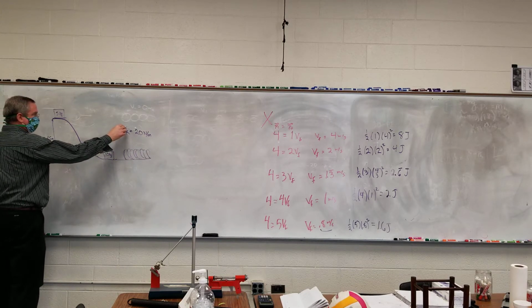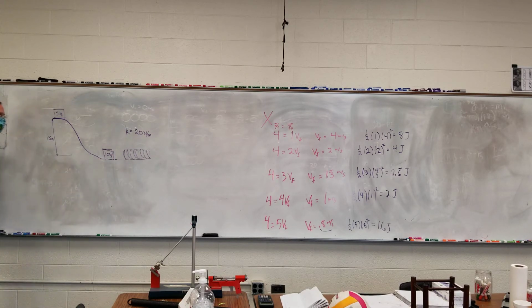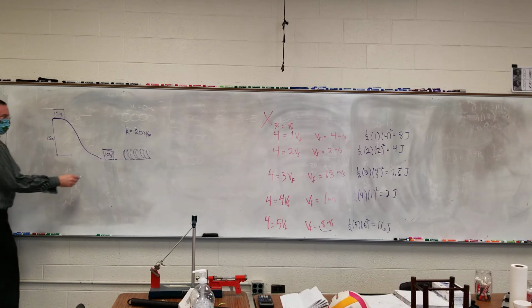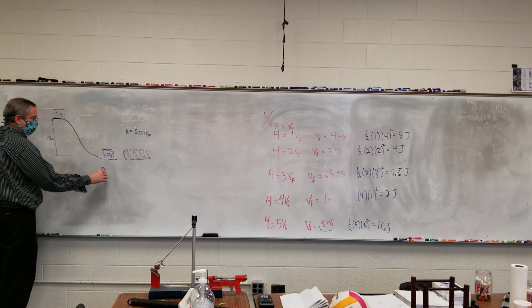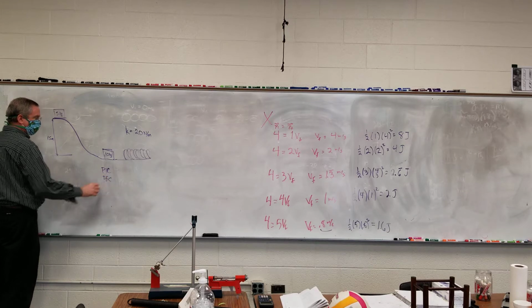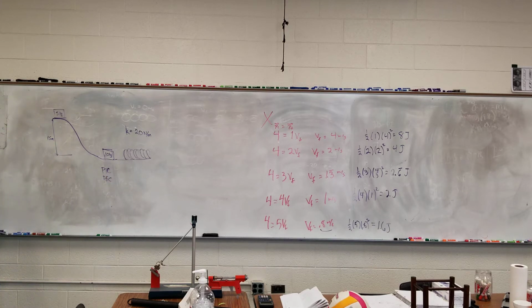That's a lowercase k. When the 5 and the 10 collide, let's solve it twice. So perfectly inelastic collision, and then we'll solve the perfectly elastic collision. And the question is, how much will the spring compress?